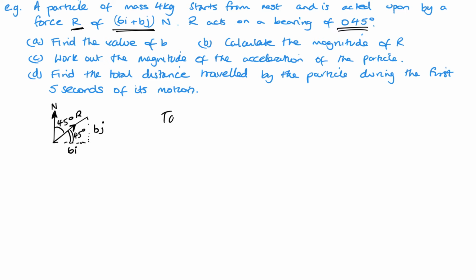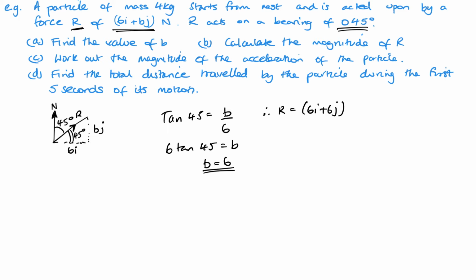Now we've got tan 45 is equal to opposite over adjacent. So 6 tan 45 equals b. And since we know tan 45 is 1, b has got to be 6. So therefore my R is 6i plus 6j. And that's my first part done, nice and easy there for A.